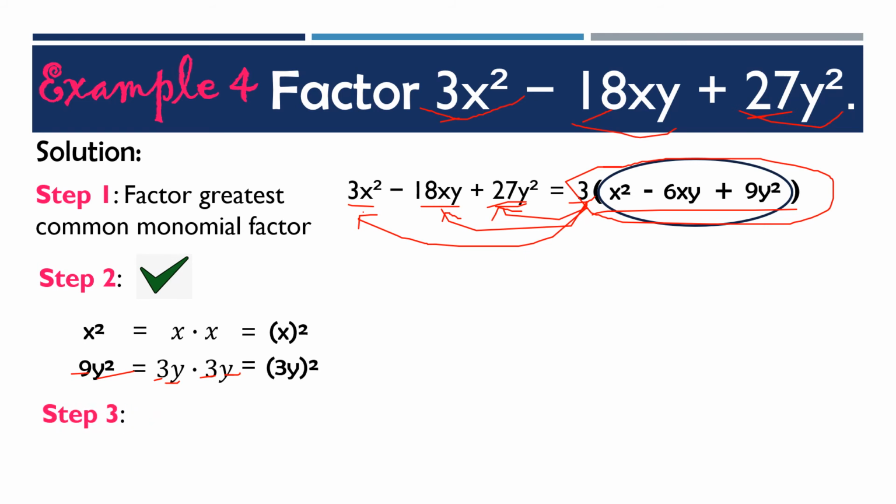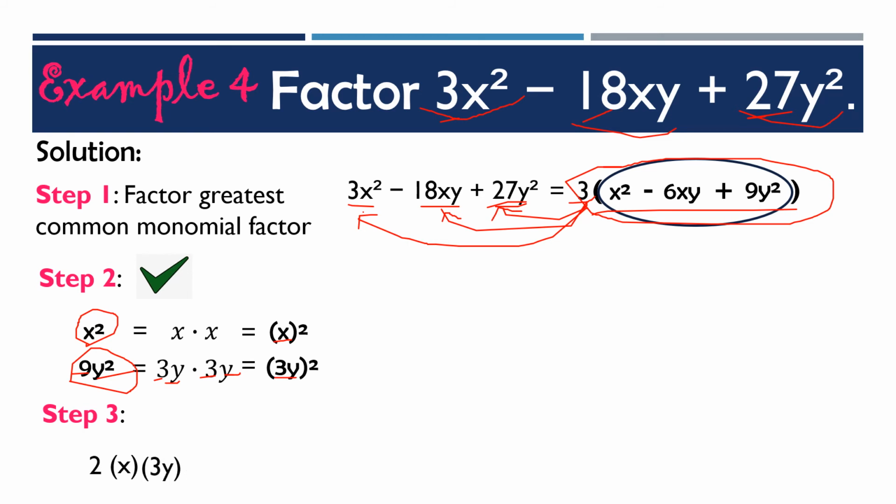Step 3. Identify if the middle term is twice the product of the square root of the first and the last terms. So that would be 2 times the square root of x squared, which is x, times the square root of 9y squared, which is 3y.